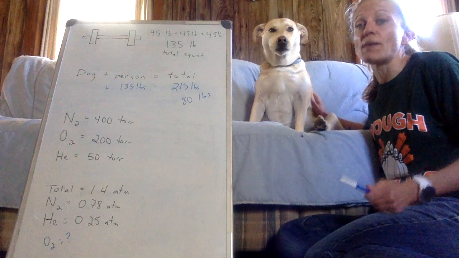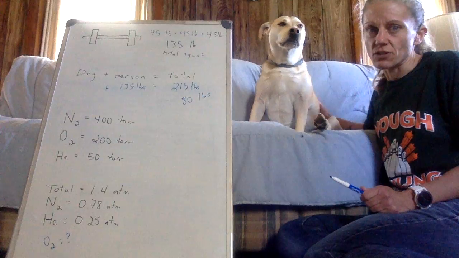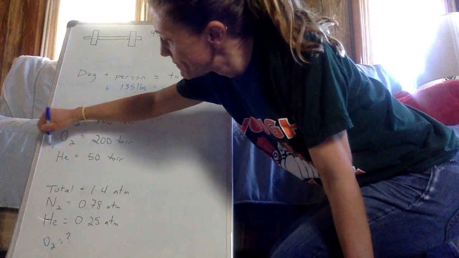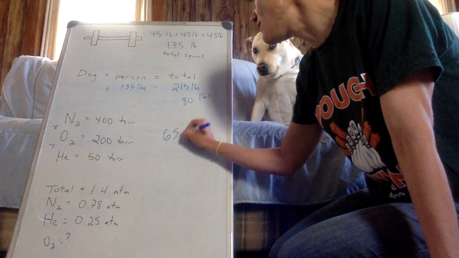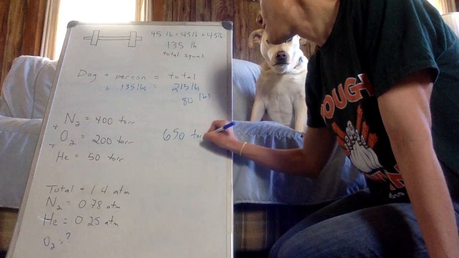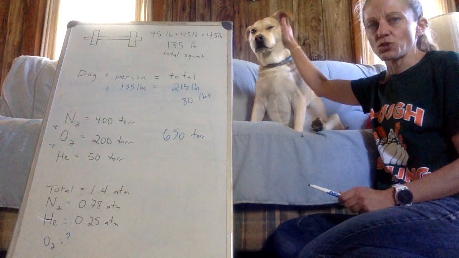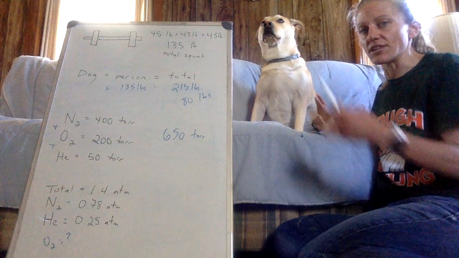But when we're just talking about a total pressure, it's okay to keep torr in your answer. So 400 plus 200 plus 50 gives me an answer of 650 torr, or just short of an atmosphere, which would be 760. So that's what you do if you have all of your pressures. Add them up to get the total.